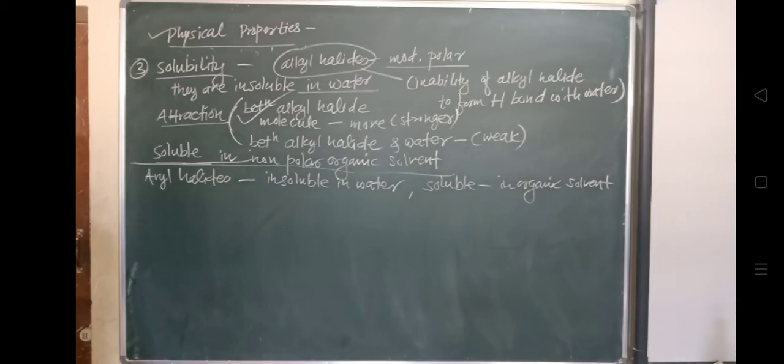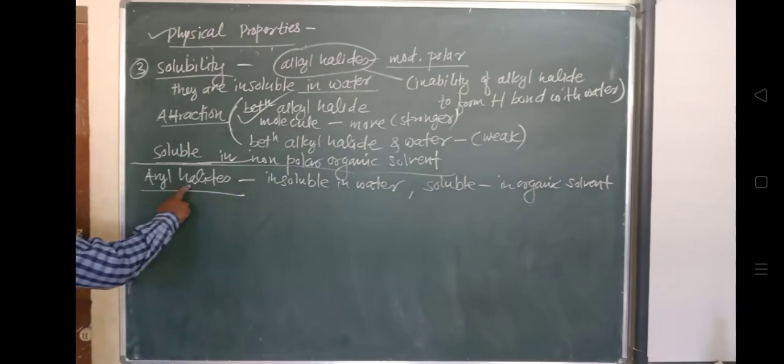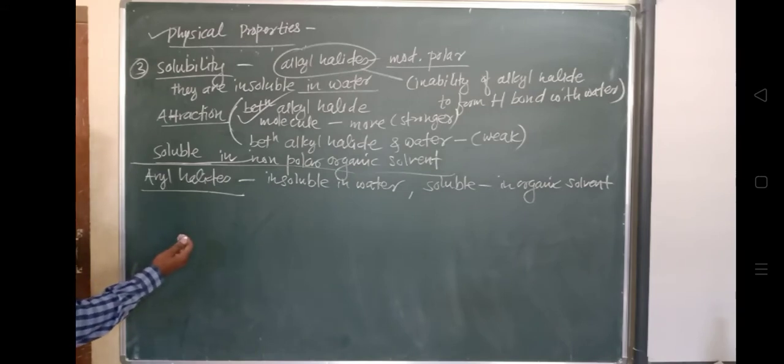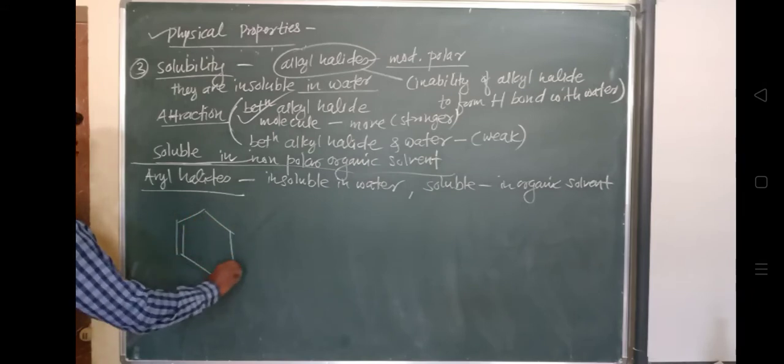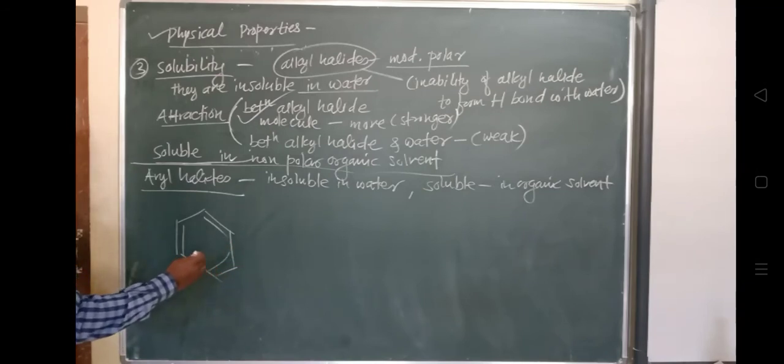If aryl halides are not modified by the presence of any other functional group, they show properties similar to corresponding alkyl halides. अगर ये benzene ring modified नहीं है by any other functional group, then they show properties similar to corresponding alkyl halides.